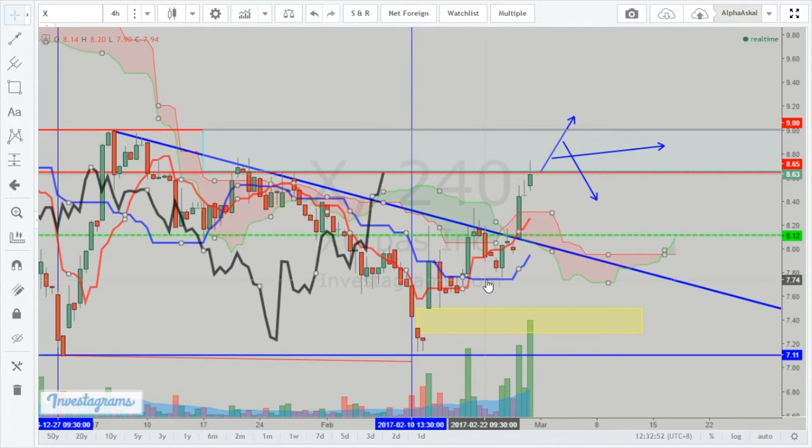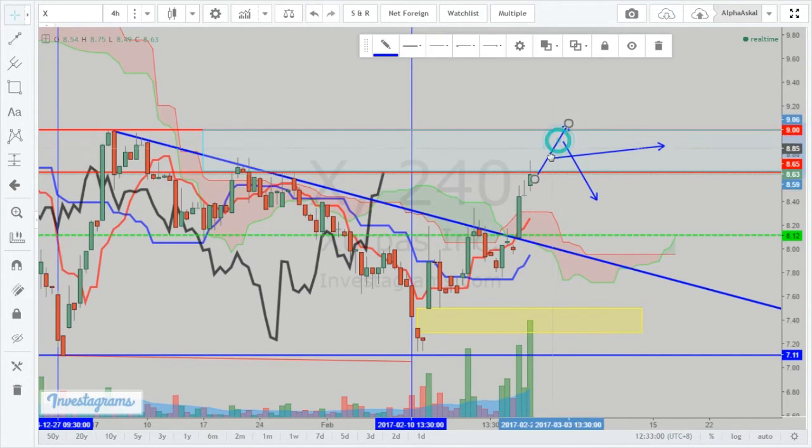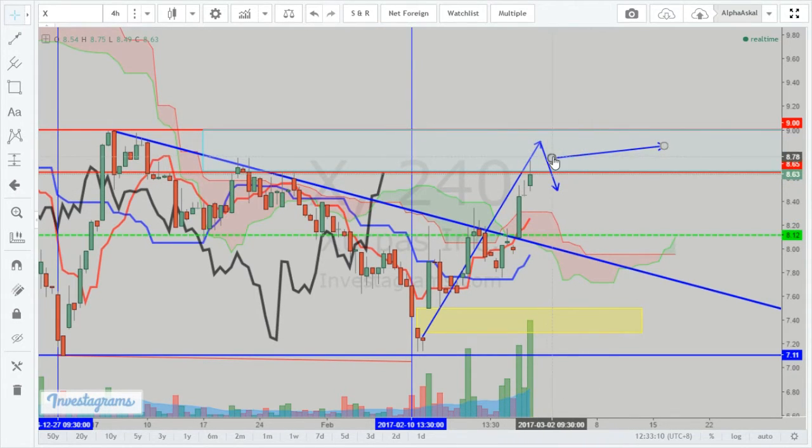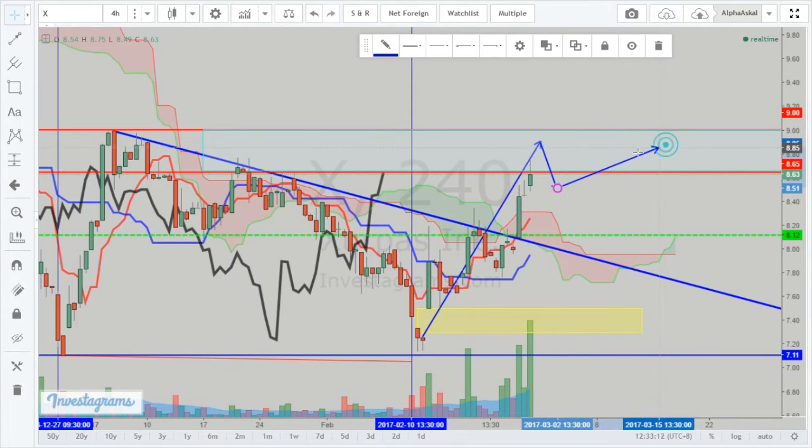We are trading way above Kijun-sen, so it's a positive sign. So most likely what would happen is price action would have difficulty breaking out, so we will see a slight pullback before price action would bounce back up or retest this resistance area.